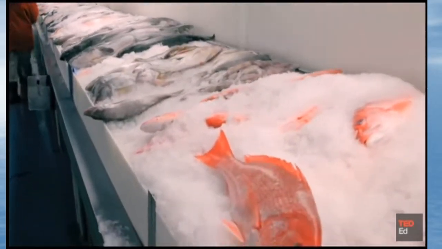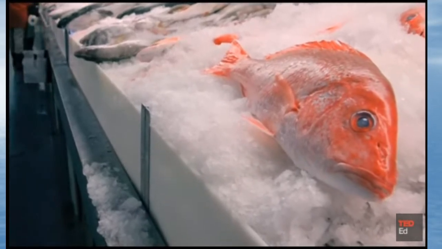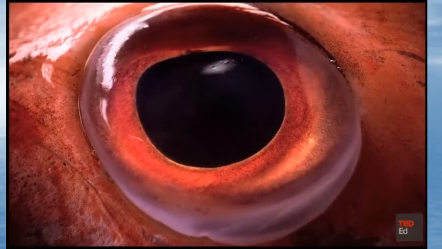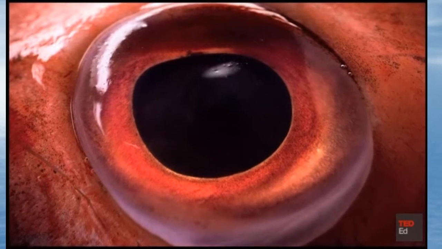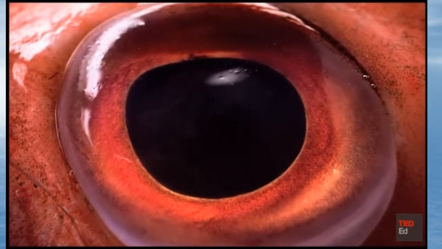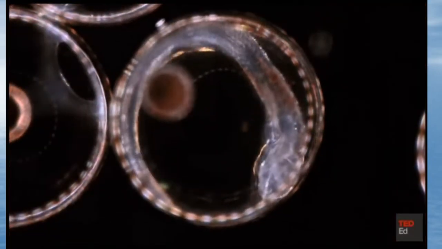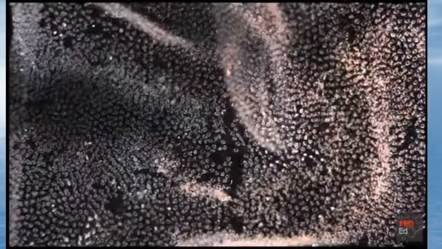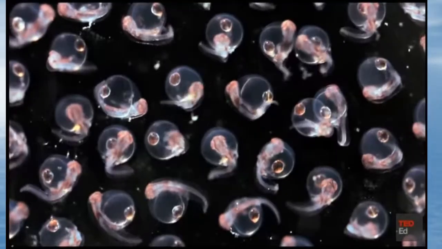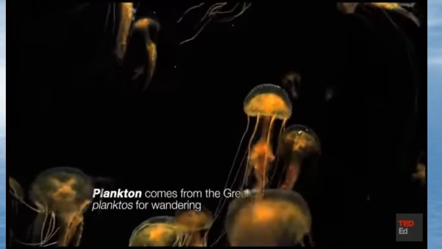How did I get here? Well, it's a stranger story than you might think. I came from a world of drifters, a place few humans have ever seen. The world of plankton. I came from a batch of 1 million eggs, and only a few of us survived. When I became a larva, I moved among other drifters.